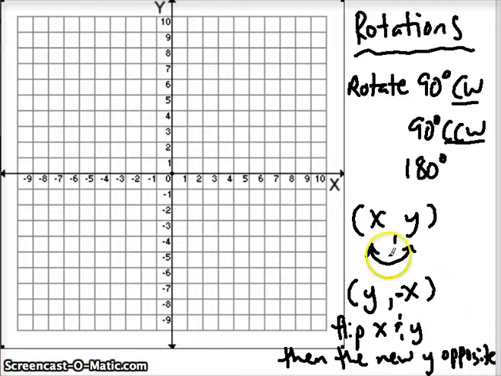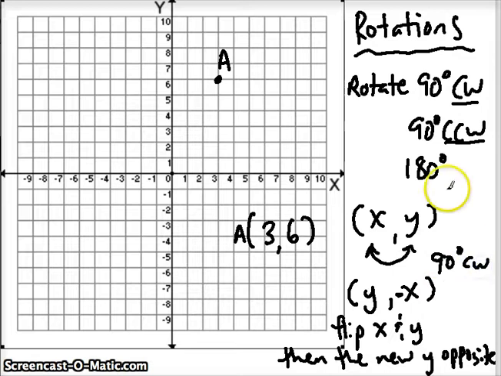Alright, so let's do an example here. Let's talk about a specific point. We're going to talk about 3, 6. So 3, 6 is right here. We're going to call that point A. And we're going to perform a 90-degree clockwise rotation, okay? So we're going to swap these values.